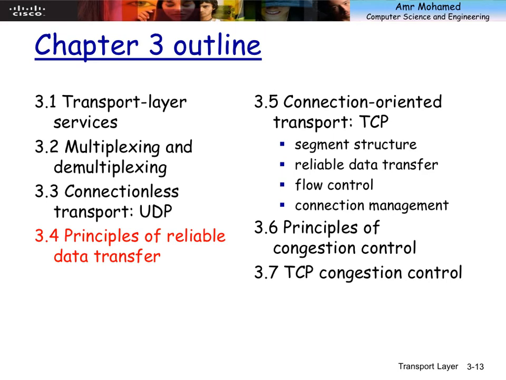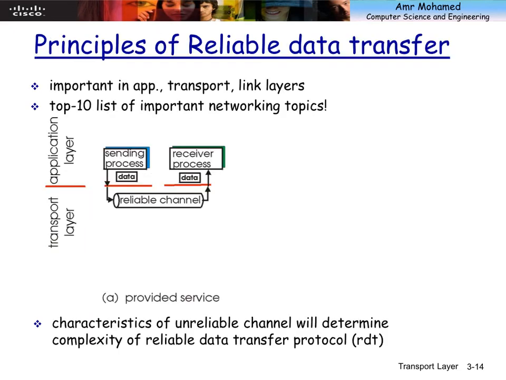So connection-oriented is provided by TCP, and the concept of reliability is very important in the transport layer and link layers, even link layers, by the way. So lower link layers provide some reliability as well. That's one of the examples we mentioned, that you may have to duplicate certain services in two different layers.